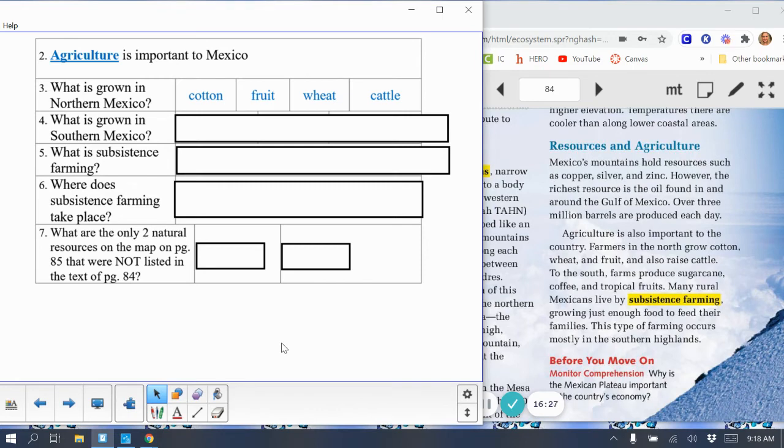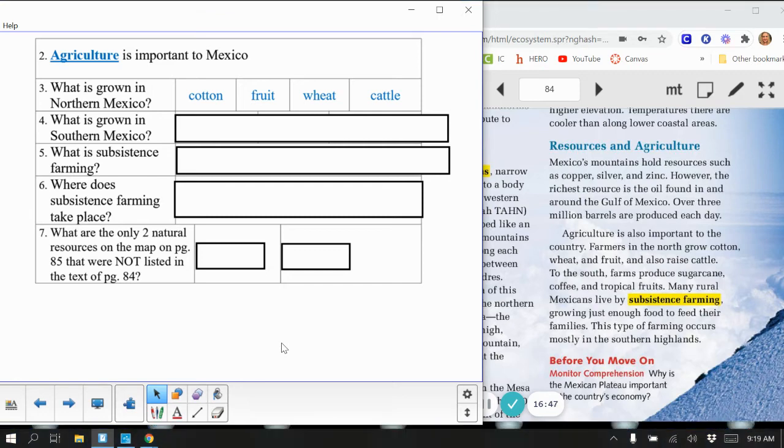Now, again, the question says what is grown, right? Cattle are cows. They don't grow from the ground, obviously, but they raise cattle, which means that they are growing, right? So that's going to be included in products that they have in northern Mexico, agriculture products. So, I guess I should put this in there too.